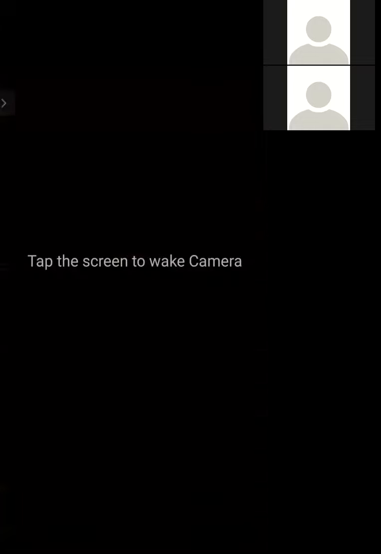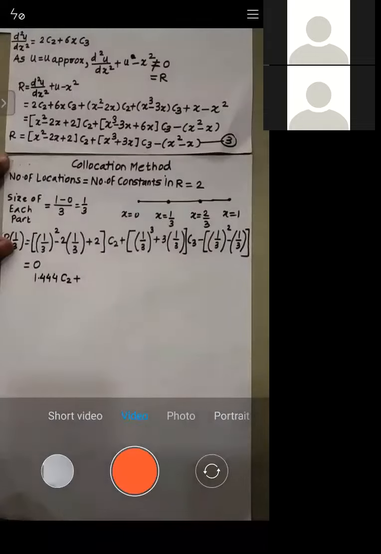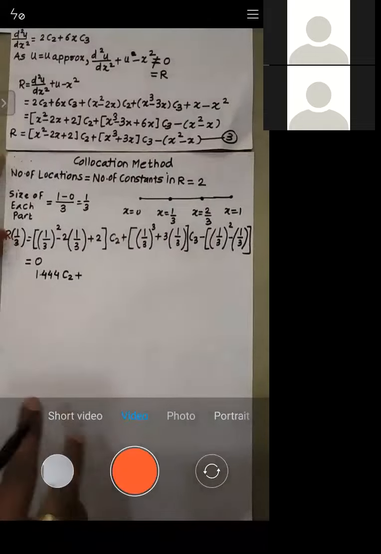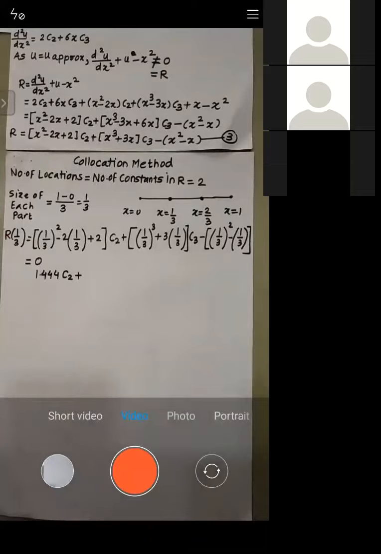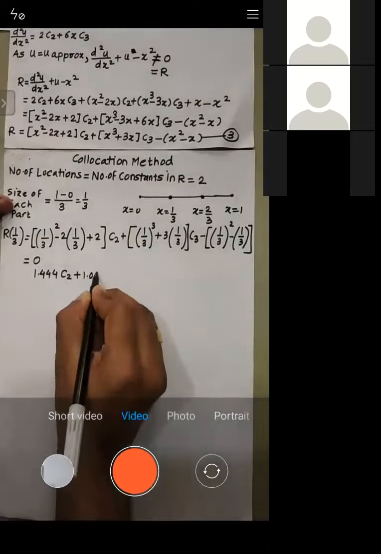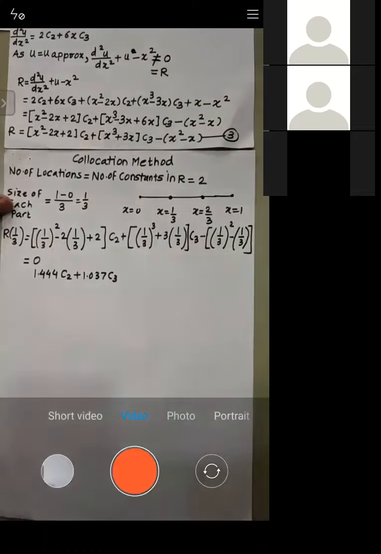Tell me this value. See, each of you supposed to do this calculation. 1.037. 1.037 C3.